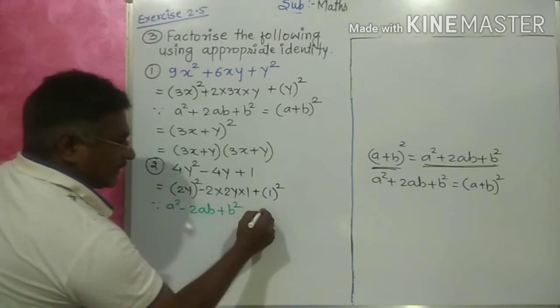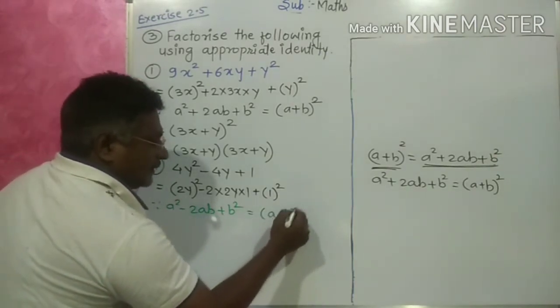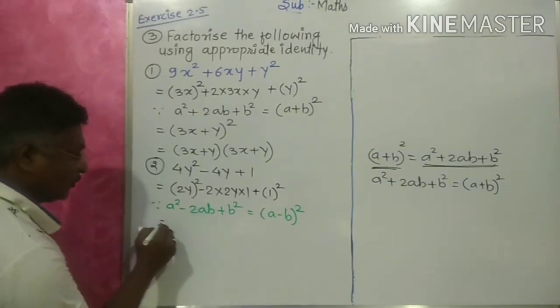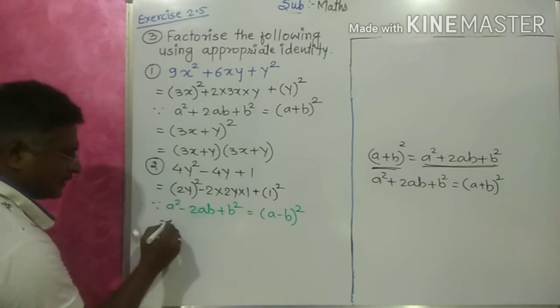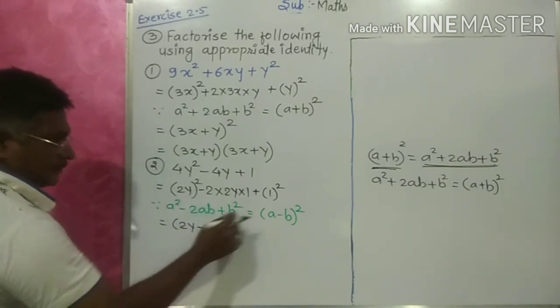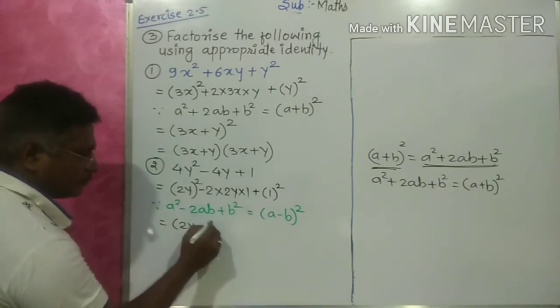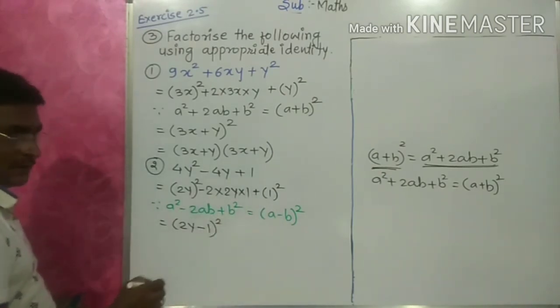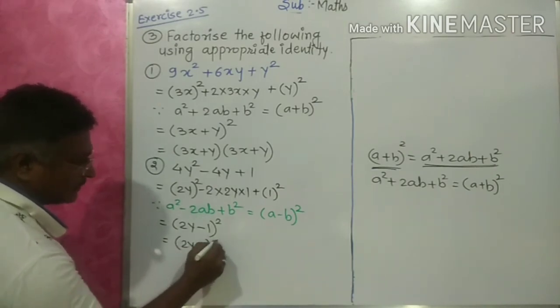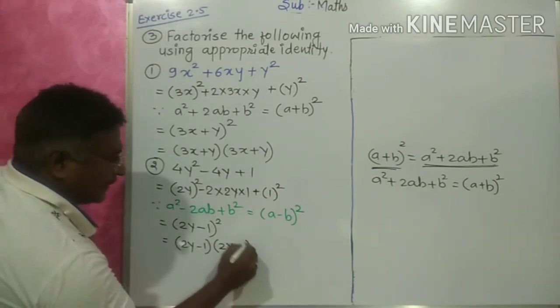So we can write (a minus b) whole square. Understood? What is a? The first term 2y, with the minus sign. What is b? 1. So (2y minus 1) whole square. Factorized, it is (2y minus 1) into (2y minus 1).